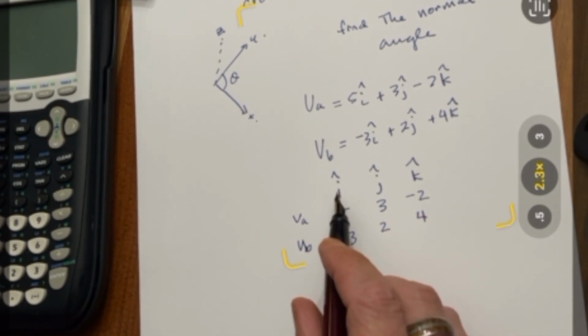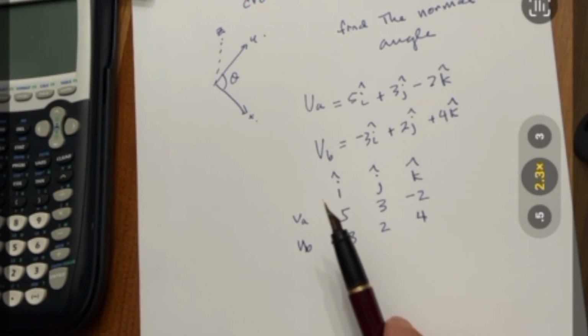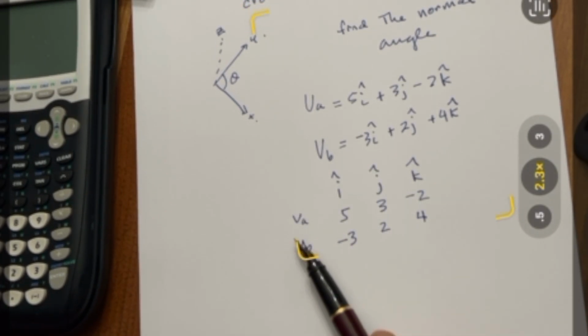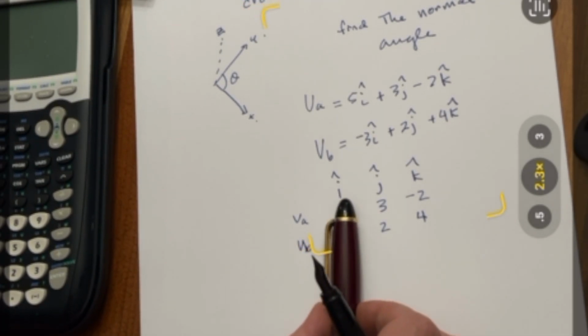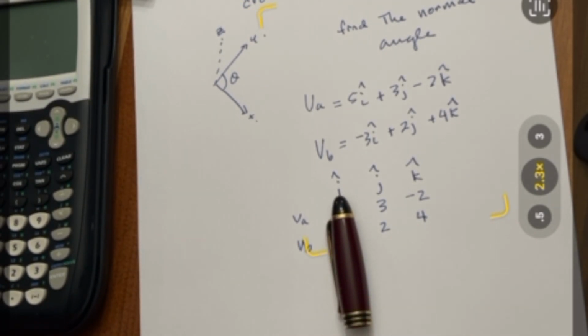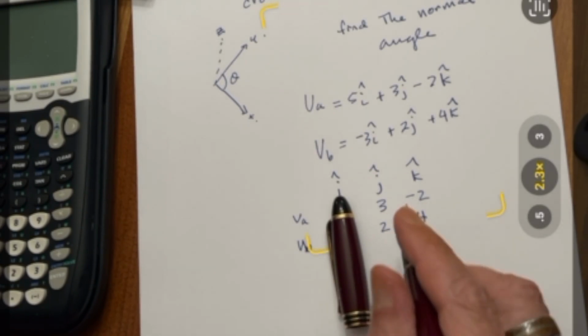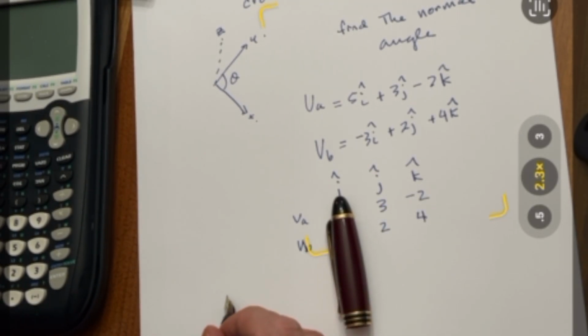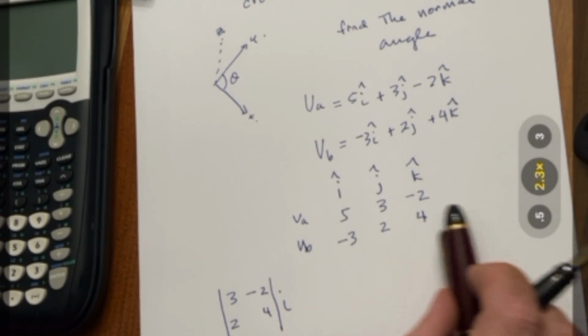If we look at vector i, what we do is we ignore these values up here, we ignore these values over here, and when we're looking at vector i, we simply cover up the values from vector i, and we're left with a 2 by 2 matrix. So if we come over here, we'll have 3 and 2, negative 2 and 4, and that will be our i value.